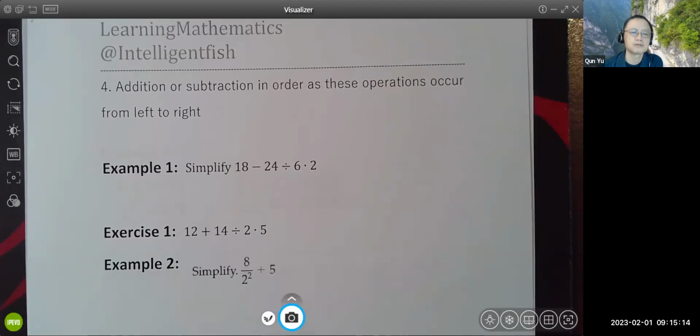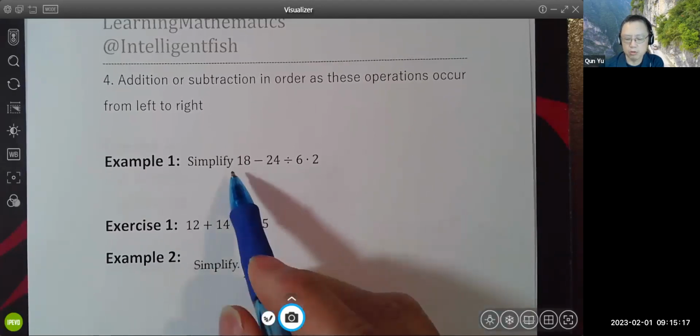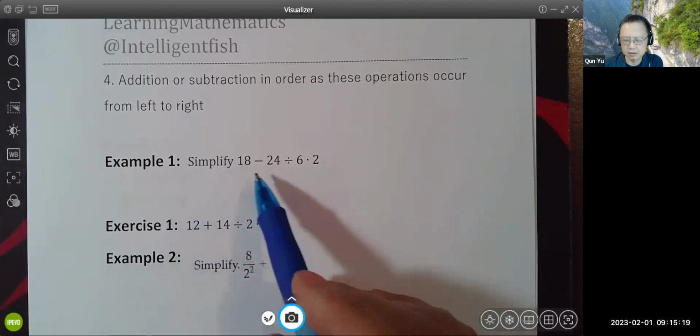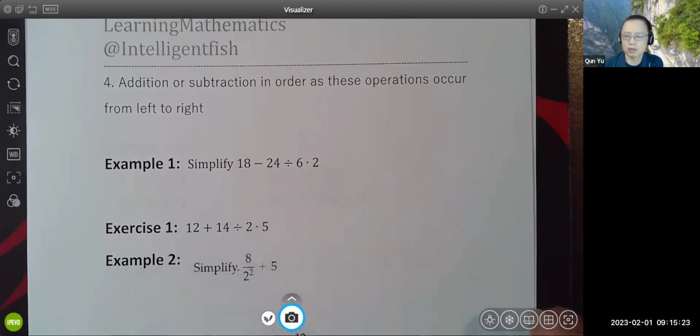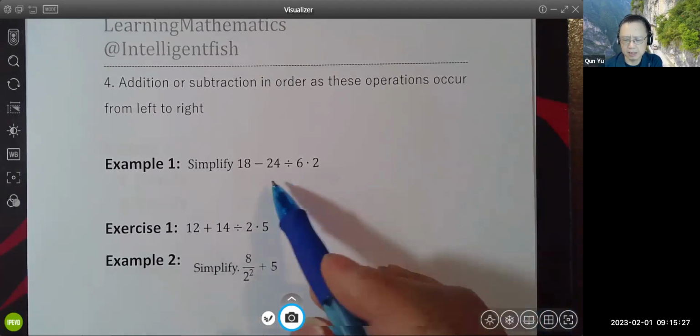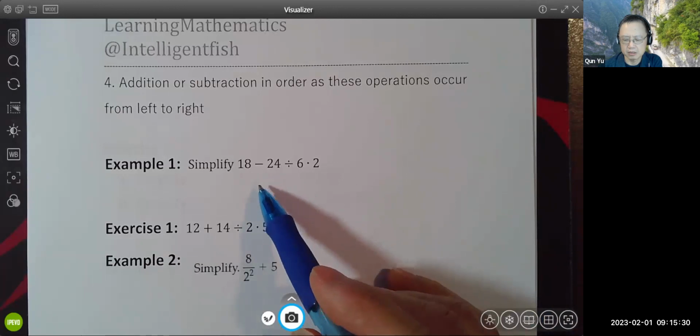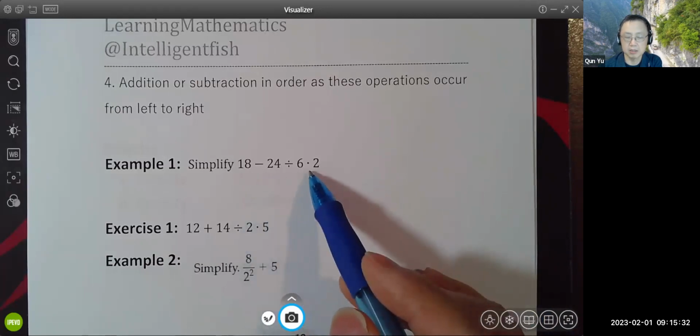So the first example, simplify, or you can say calculate, this expression. Whenever you have more than one operation, always look at what we have. In this case, we have minus, division, and multiplication.